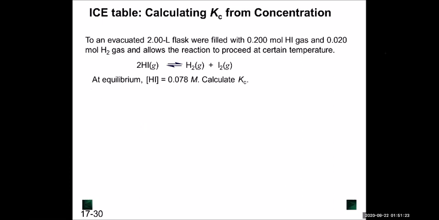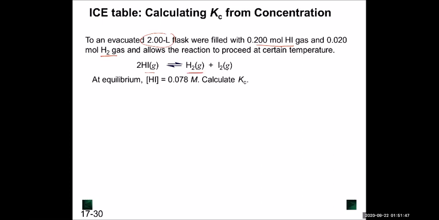And so to set up the ICE table, we start with an evacuated empty flask, 2.00 liters, and we were given the amount, moles of HI. HI is a reactant. And hydrogen gas is one of the products.